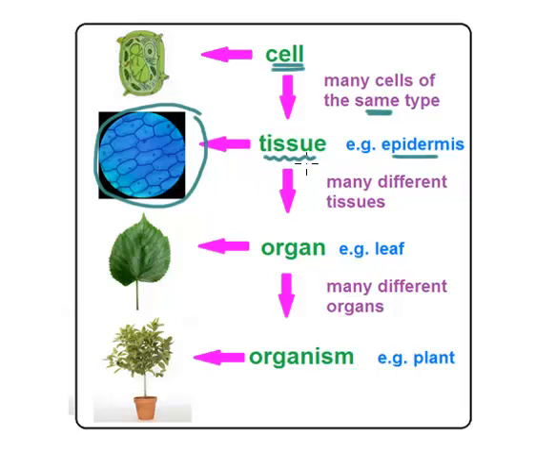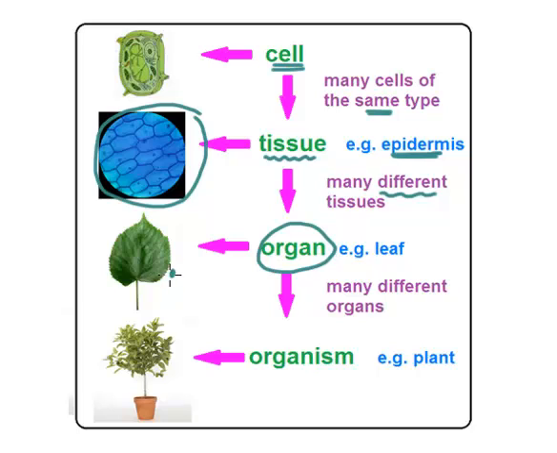Now, if we took many different tissues, for example, the protective epidermal tissue, the water-conducting tissue, the food-making tissue, and we put all these different tissues together, we would get what is called an organ. In this case, the leaf of a plant.